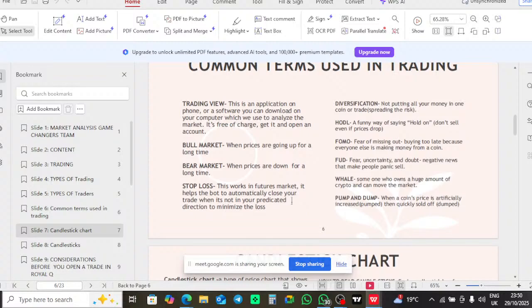It helps the bot to automatically close your trade when it is not in your predicted direction, to minimize the loss. For example, I may enter the trade with maybe $100. I expect to make maybe $10 or $20 as profit.